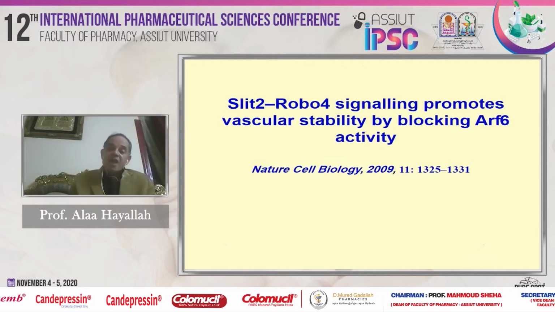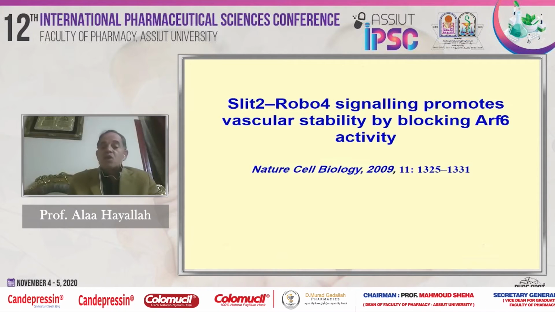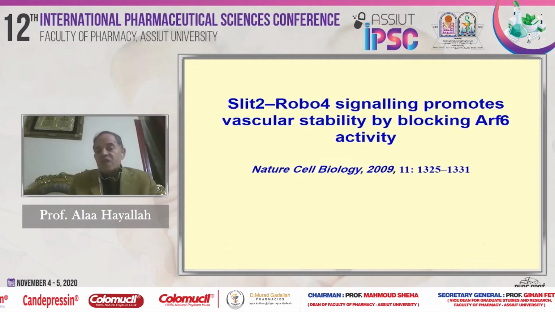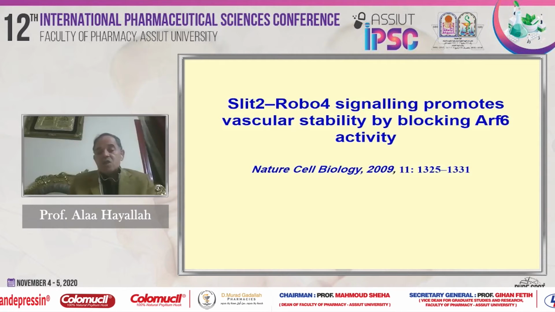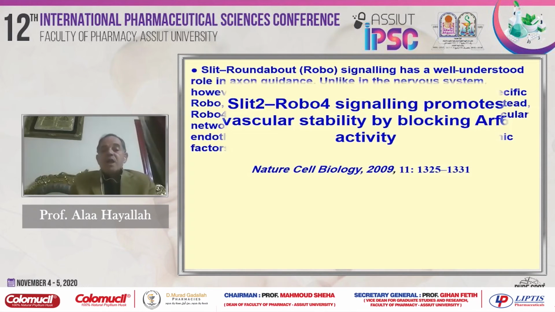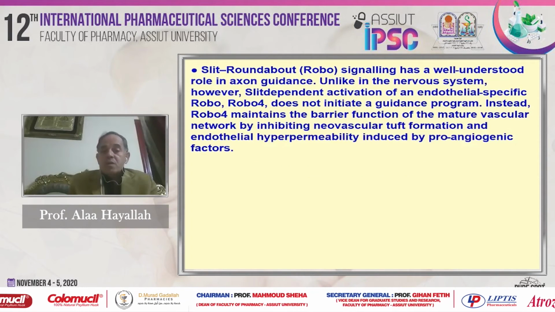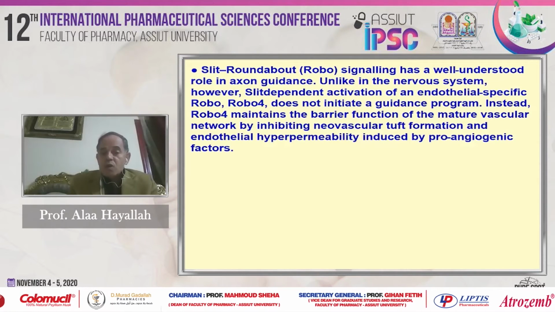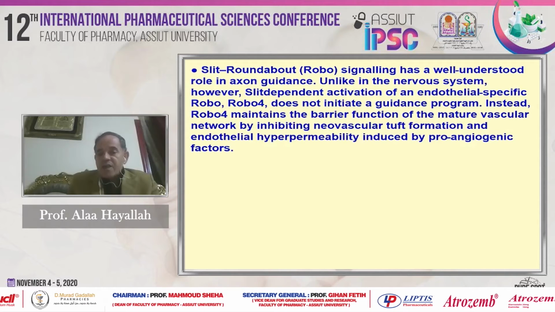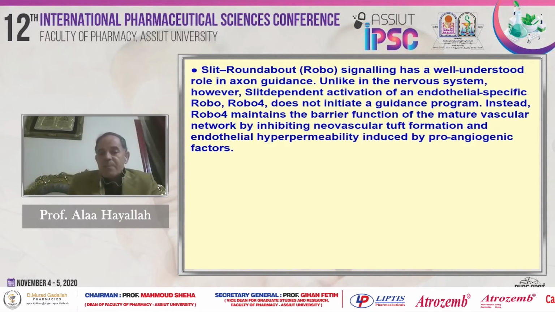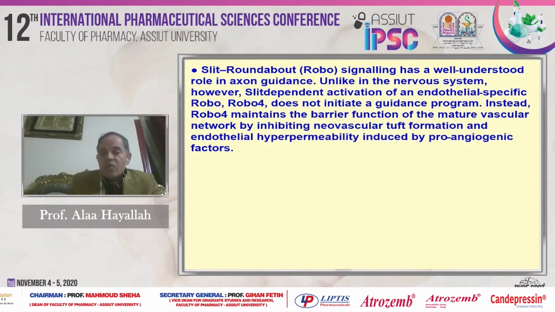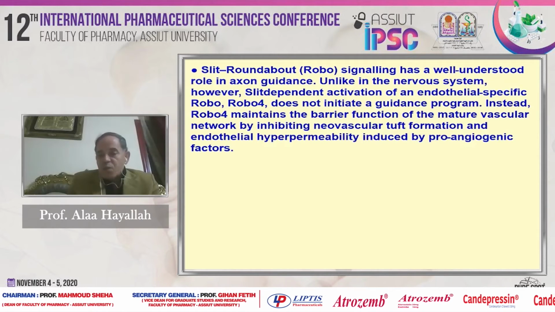The last application for this project, Slit-ROBO4 signaling promotes vascular stability by blocking ARF6 activity, was published in Nature Cell Biology 2009. Slit-Robo signaling has a well understood role in axon guidance in the nervous system. However, Slit-dependent activation of the endothelial-specific ROBO4 doesn't initiate a guidance program.